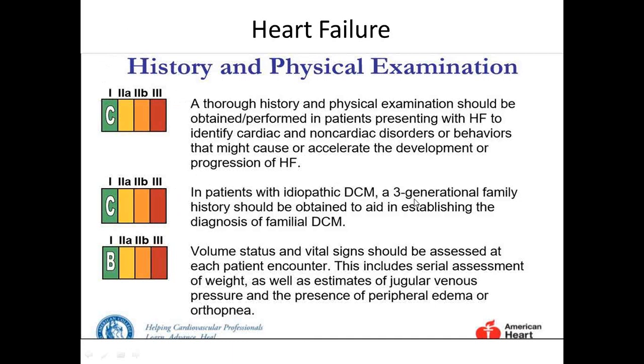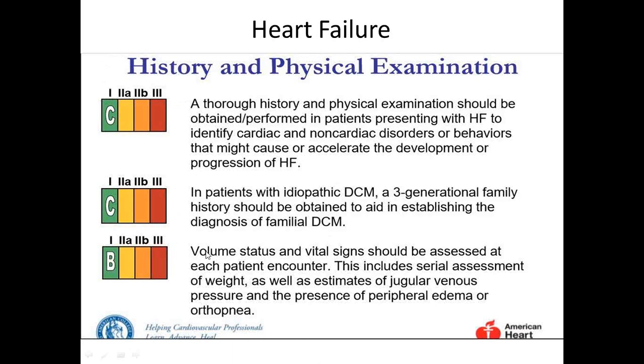They're saying a 3-generational family history should be obtained to aid in establishing the diagnosis of familial dilated cardiomyopathy. So you can have heart failure that runs in the family, and you have to do a 3-generational family history to determine if this is so. Again, that's a class 1 indication. Okay, it has to be done.